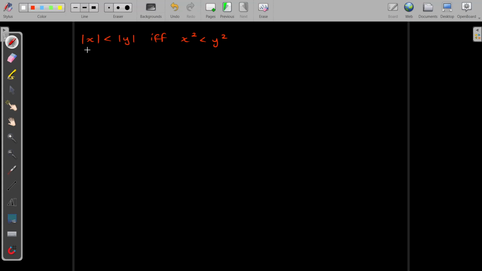And from this we say: solve the inequality, mod of 2x plus 5 is less than the mod of 2x minus 1.